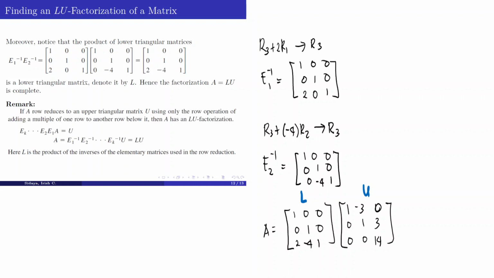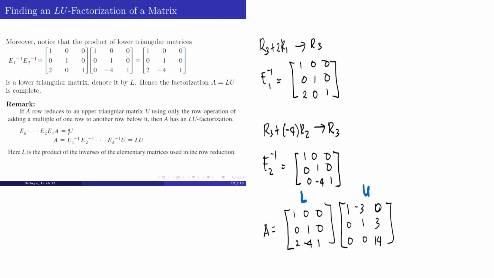Next, we have a remark here. If A row reduces to an upper triangular matrix U using only the row operation of adding a multiple of one row to another row below it, then A has an LU factorization.